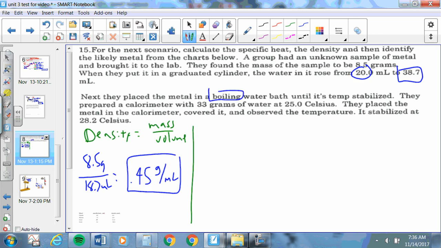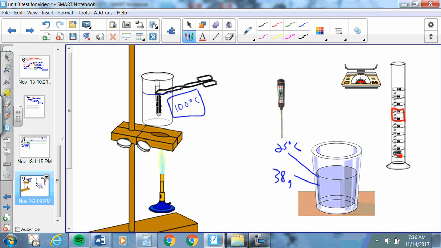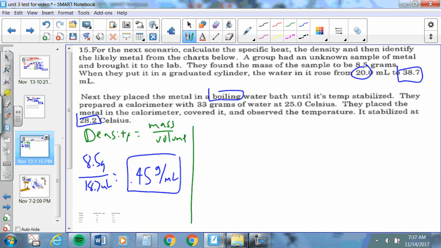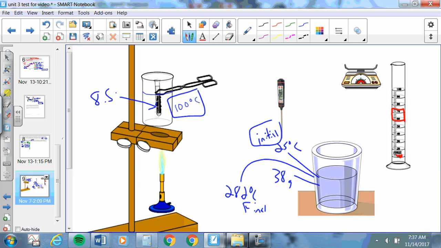When we're all done, the final temp is 28.2 degrees Celsius final. This is initial. So all these different things here, and how many grams of that? I think I said it was 8.5. 8.5 grams. Okay, so that's kind of the idea. Same stuff we've been going through.